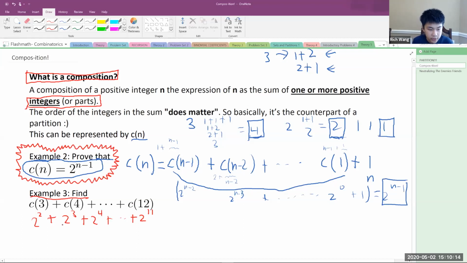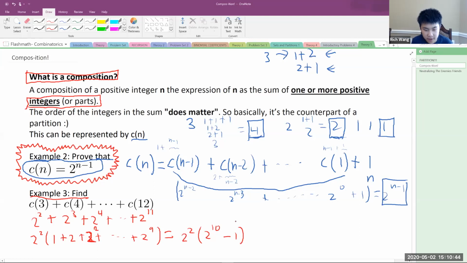Now, to make this more interesting, we can factor out a 2 squared to get 2 squared times 1 plus 2 plus 4 all the way up to 2 to the 9. Sorry, this is a 2 squared, my bad, guys. But now that we have this, we realize that using one of the formulas, this is also equal to 2 squared times 2 to the 10 minus 1.